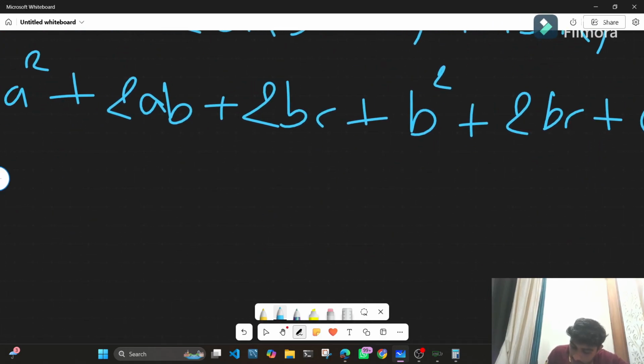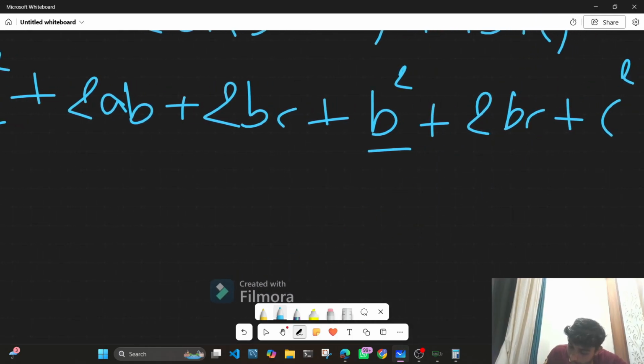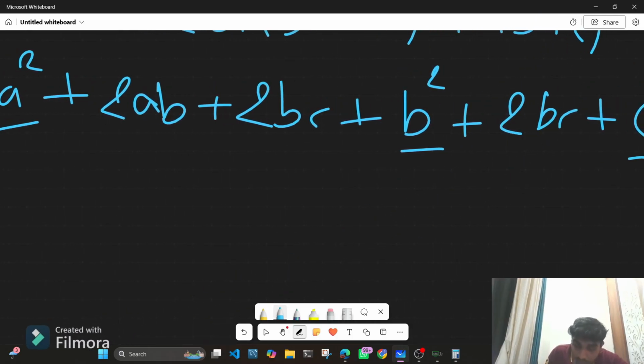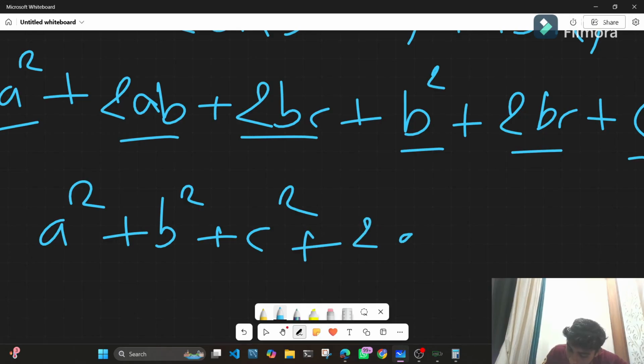If we write all the squared terms separately, we get a square plus b square plus c square. If you write all the terms with the 2 separately, then we get 2ab, 2bc, plus 2ca.